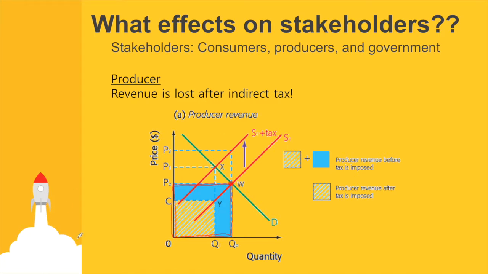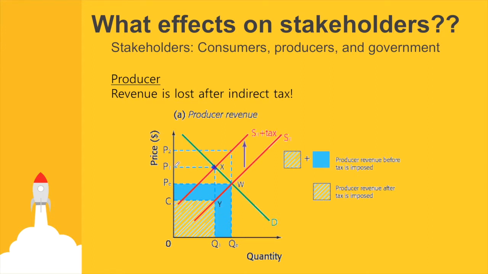And after indirect tax is imposed, let's look at the new equilibrium here, where the price is P1 and the quantity is Q1.